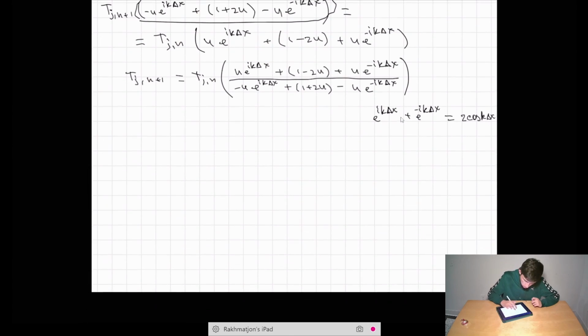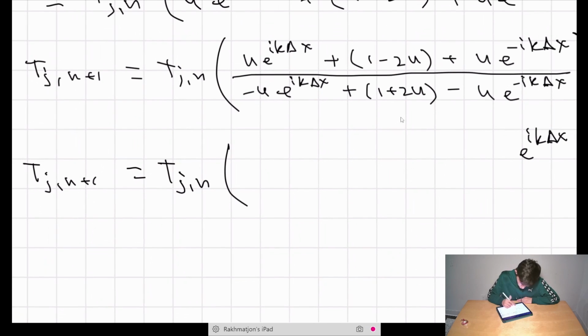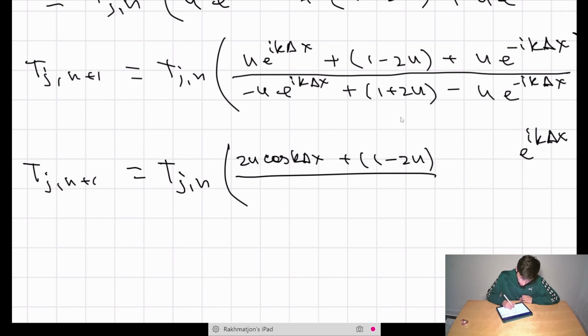So using this equation, my Tj at a later time is going to be equal to Tj at the current time times 2u cosine k delta x plus 1 minus 2u. For the denominator, that's going to be 1 plus 2u minus 2u cosine of k delta x.